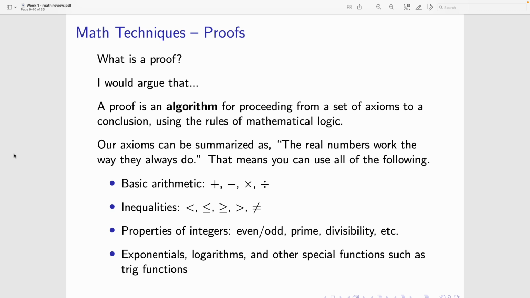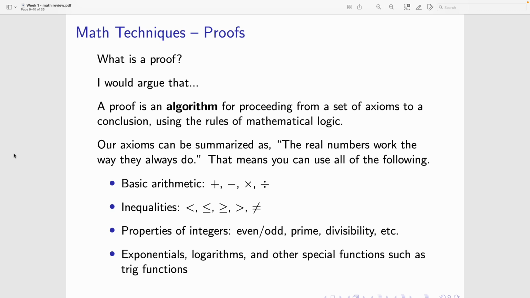We're not that hardcore. You'll be able to assume that all grade school math works as expected without proof. The conclusion is whatever you're trying to prove. We'll see a very clear example of that very soon.